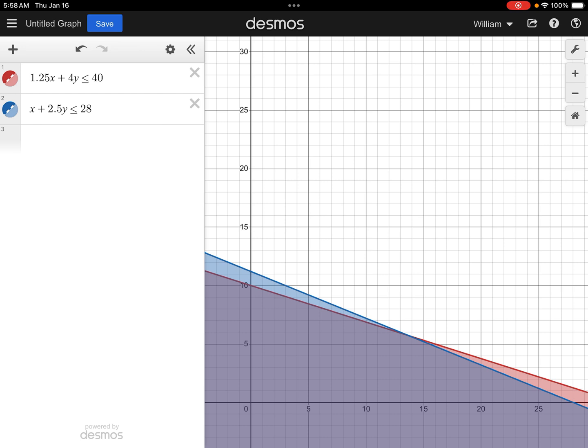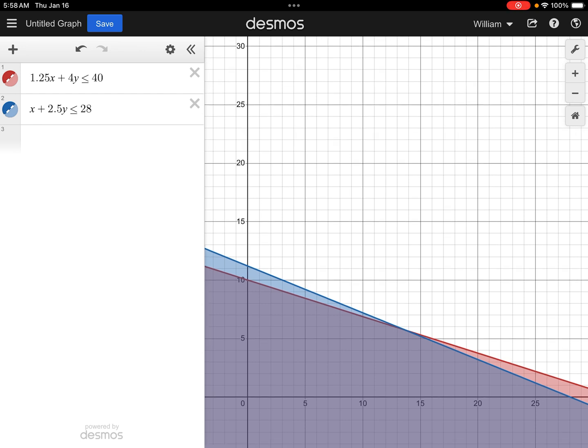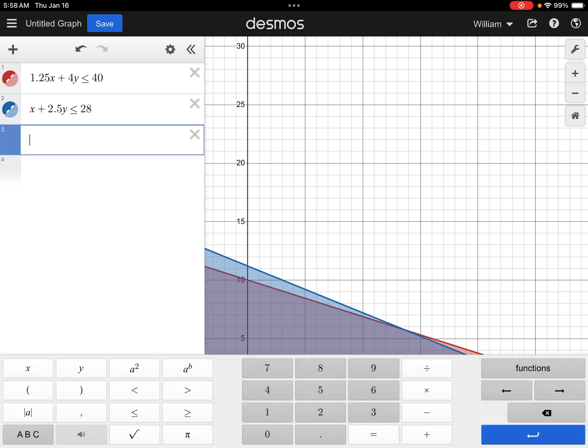Also, I have to have a whole number. So I'm going to pick a whole number from my double shaded region. So in this case, for my purple region. So for example, if I pick 5, 7, notice that's in the double shaded region.